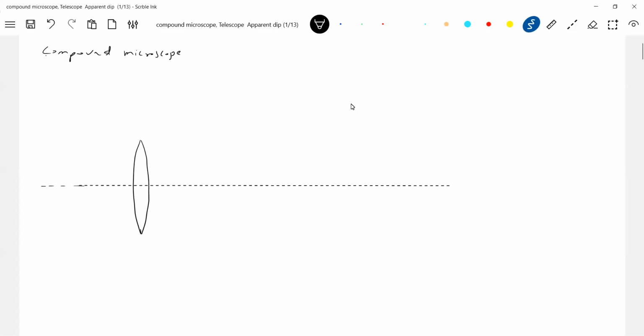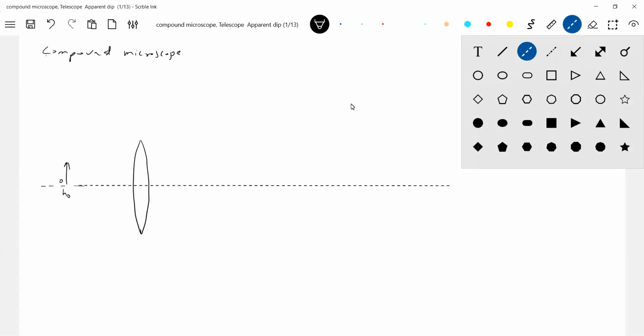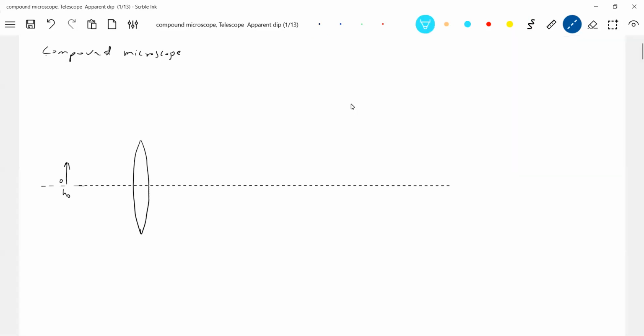Let this be the object, H naught, this object O. After refraction, let it be like this.